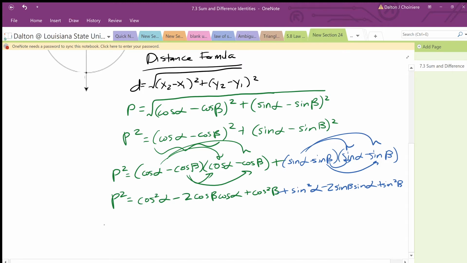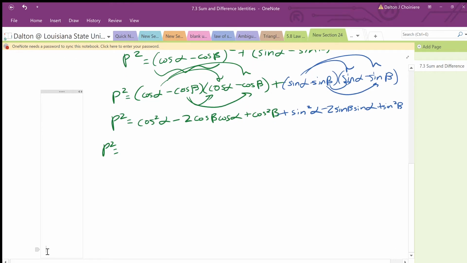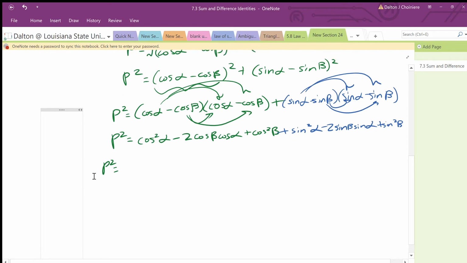However, what you can do is hopefully sine squared and cosine squared things make you think about your Pythagorean trig identity. So if we group those together, let me do sine squared alpha plus cosine squared alpha, we know that's going to equal 1.